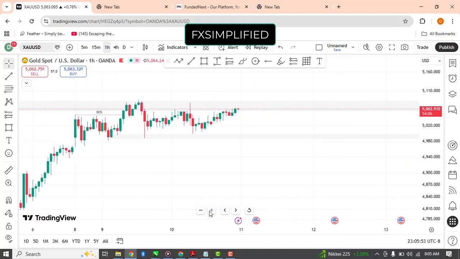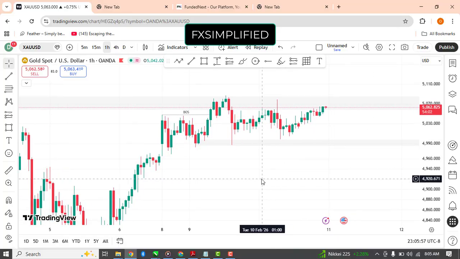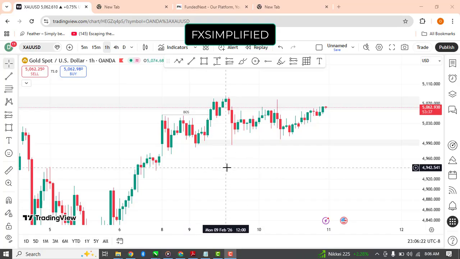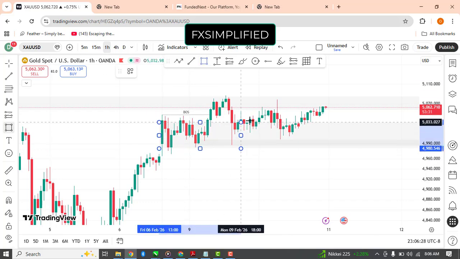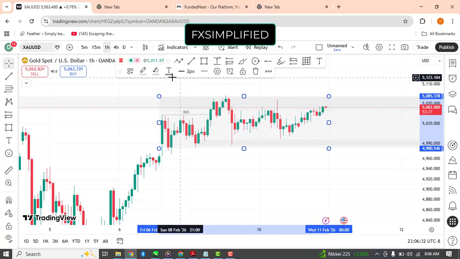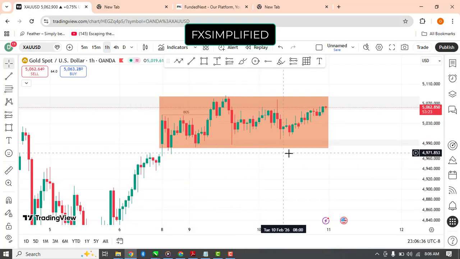Before I go down to the lower time frame, what is price doing right there? Price is creating a consolidation area around here, because you can see what is happening right here. This is more like price is consolidating.